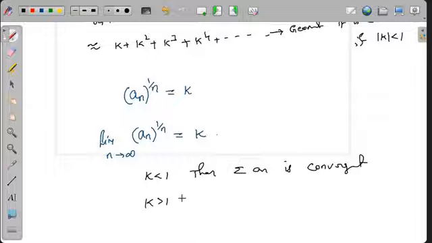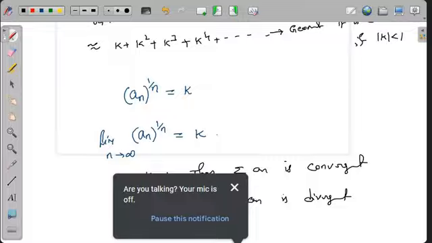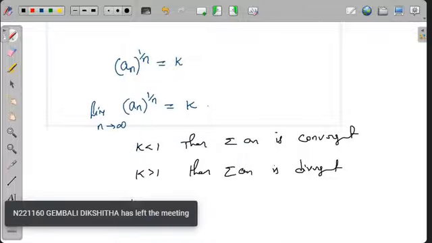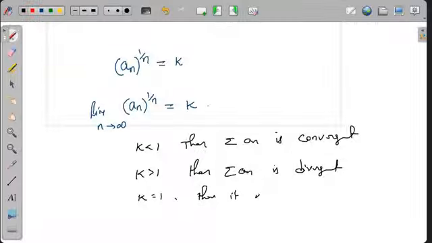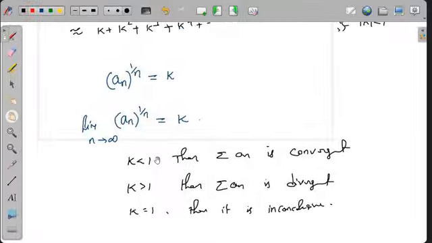If k is greater than 1, then summation a_n is divergent. If k is equal to 1, then the test is inconclusive.